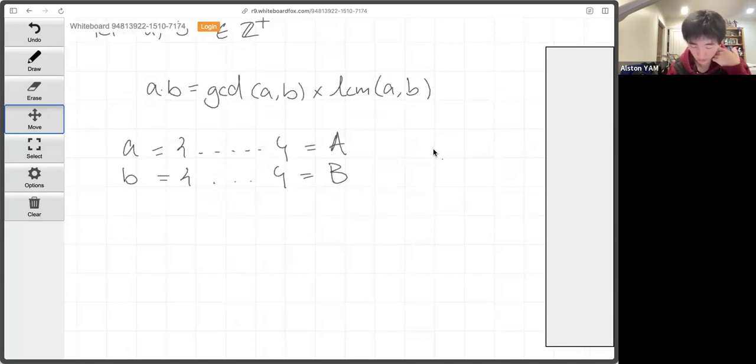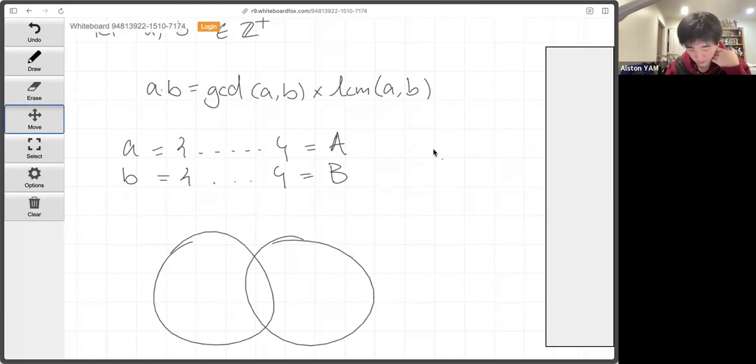Okay, so we have two circles. This one represents A, this one represents B. And we know from before that the GCD is this middle part that is shaded in blue.